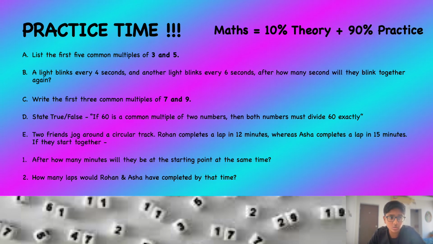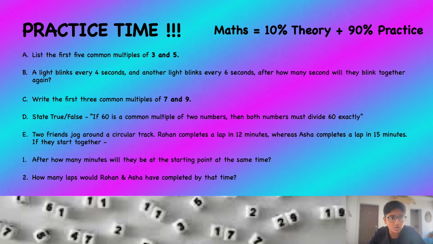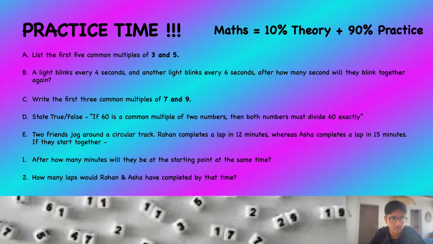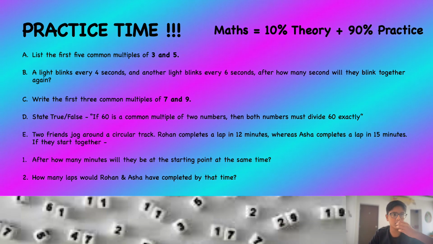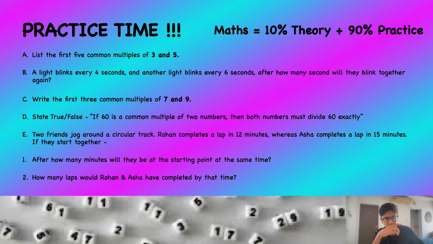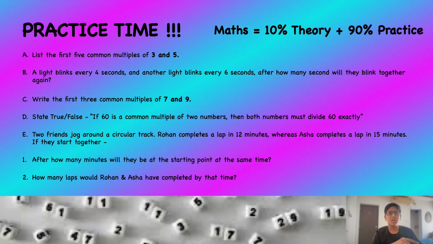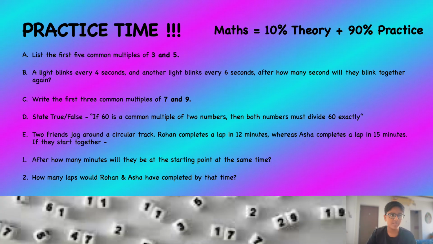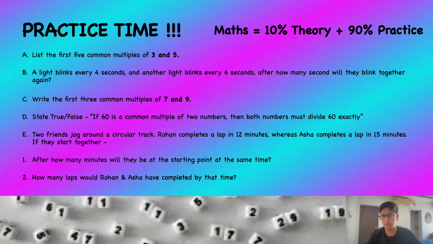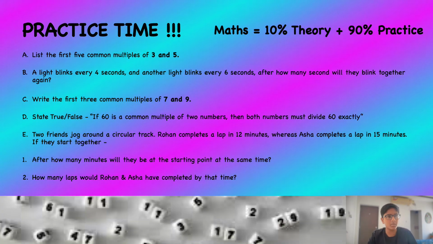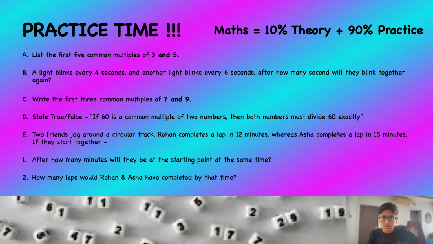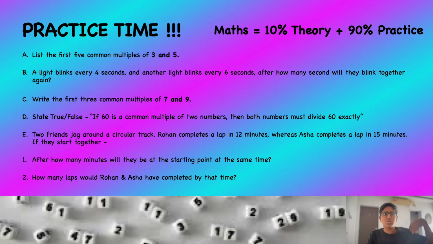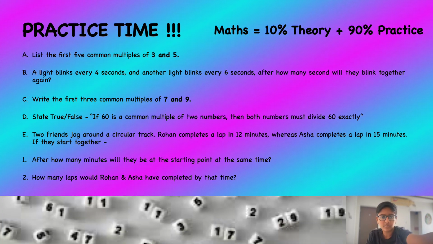We can only use the multiplication method instead of doing the LCM when both the numbers are prime numbers. Here 3 and 5 are prime numbers, and for 7 and 9, 7 is a prime number. Even if you have one prime number, it's okay. 7 is there and 9, so 63 is common, like that. We cannot use the product all the time.